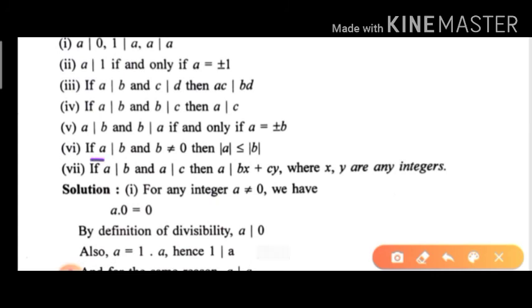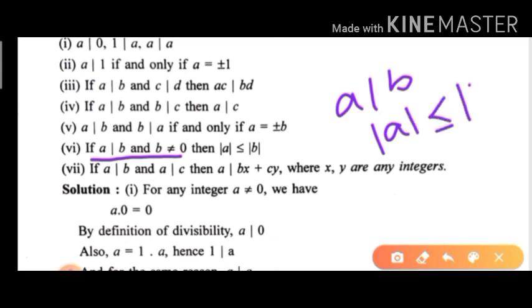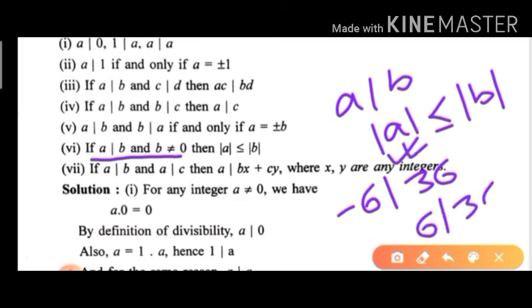If A divides B and B is not equal to 0, always remember, then the absolute value of A will always be less than or equal to the absolute value of B. Why? Because you know minus 6 divides 36, and 6 also divides 36.